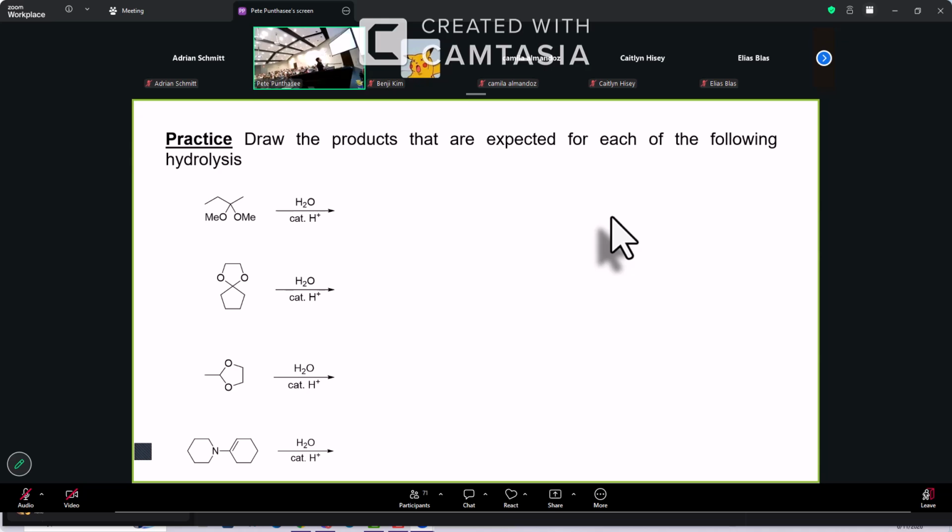Watch. This is an acetal, right? Two alcohols on a carbonyl carbon. Do you know which carbon in here used to be a carbonyl carbon? Everyone point. Which carbon used to be the carbonyl carbon? Everyone point. Where are you pointing? Are you pointing at that? Nope, that one, right?